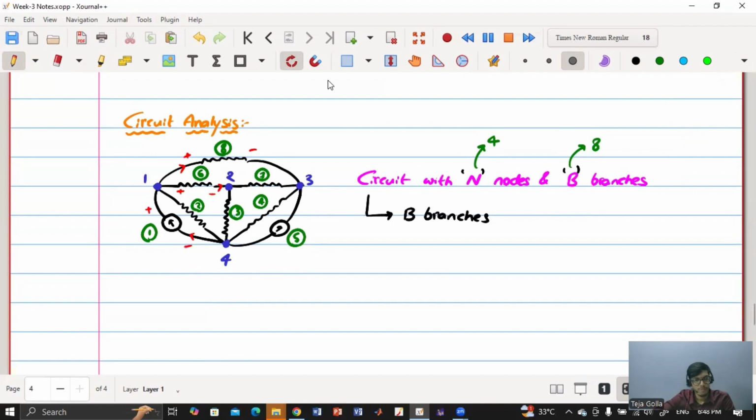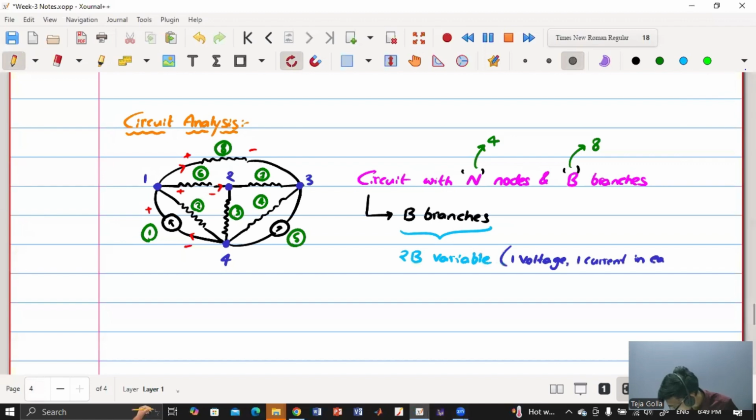Yes, sir. So now if I have to solve for current and voltage in each branch, we have b branches. That means I have to solve for 2b variables. How? Each branch has one voltage and one current. So there are b branches, which means we have to solve for b voltages and b currents.